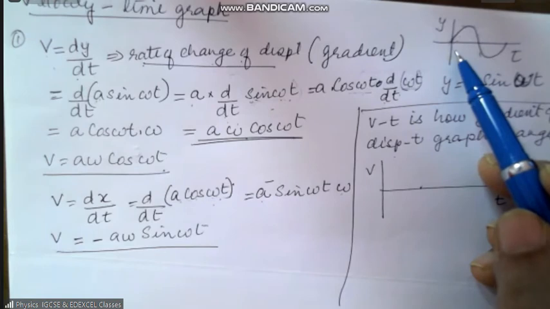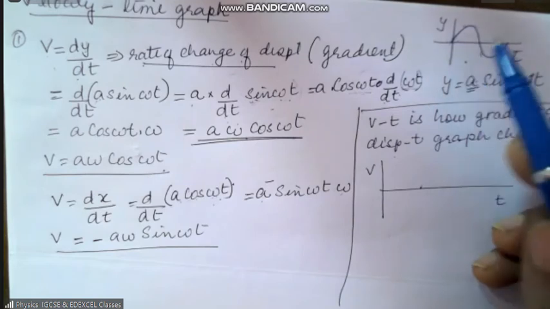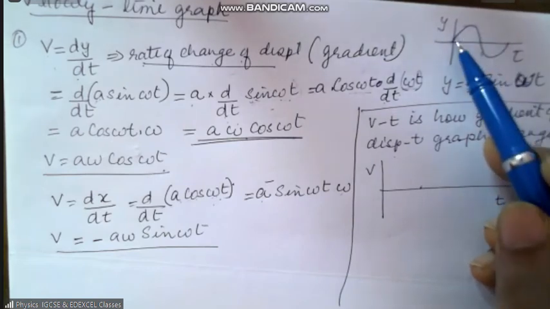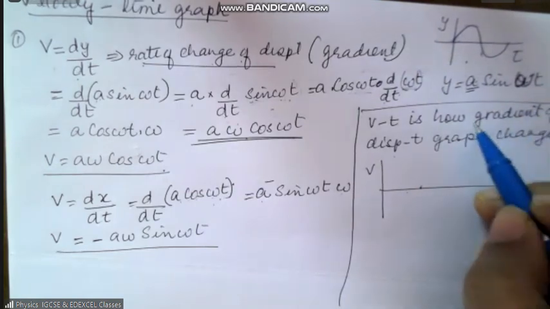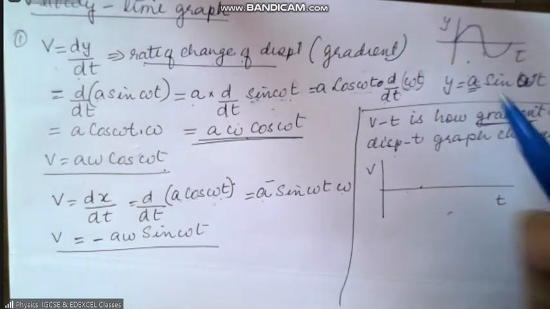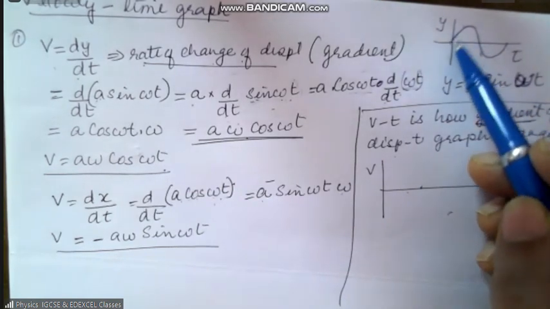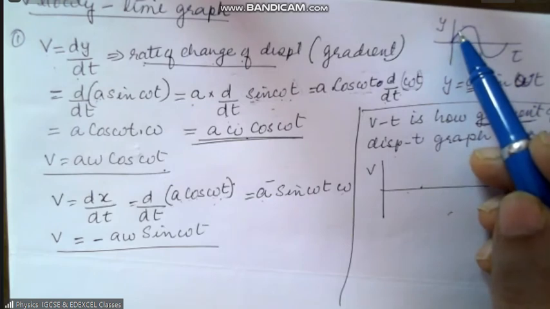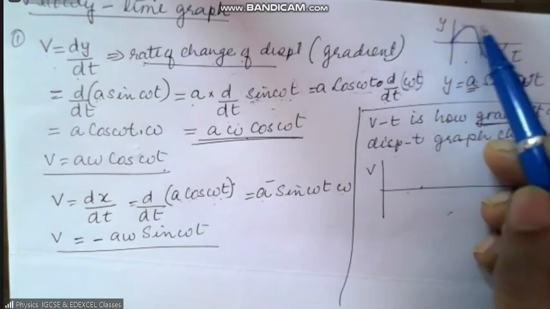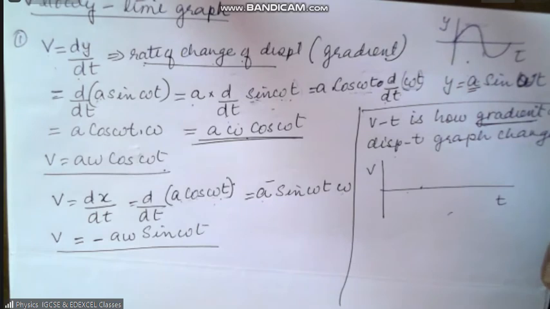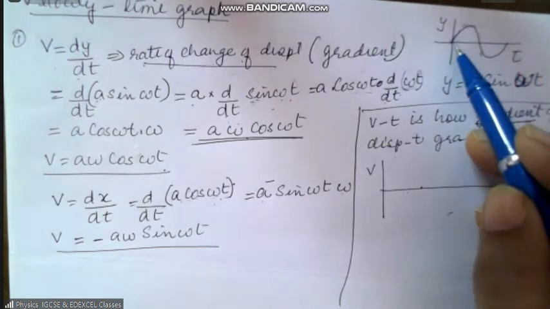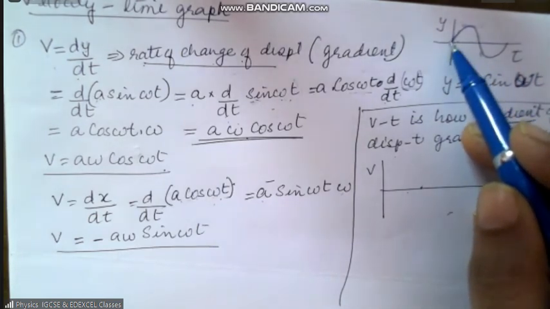Sanjida, are you there? Yes, miss. Where do you have a bigger gradient? In this one, you have to show how the gradient is changing. Do you have a maximum gradient here? Gradient means slope. Or do you have a maximum gradient here? No, at the beginning. In the beginning, you have the maximum gradient.